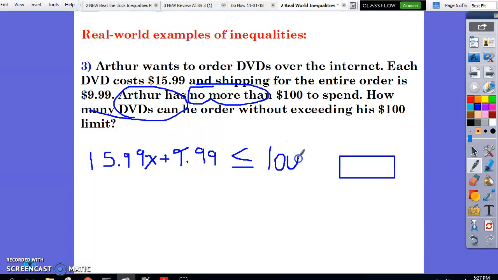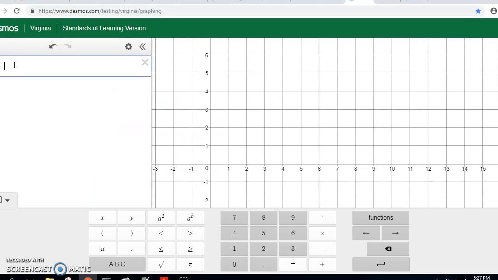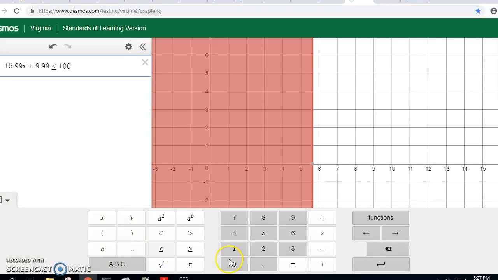So now I have my inequality that I'm ready to put into Desmos. So we will say 15.99x plus $9.99 shipping is less than or equal to $100.